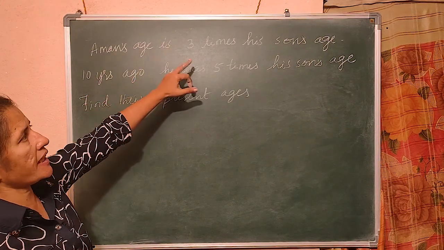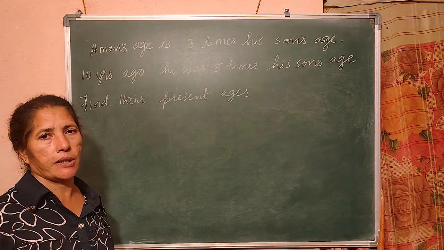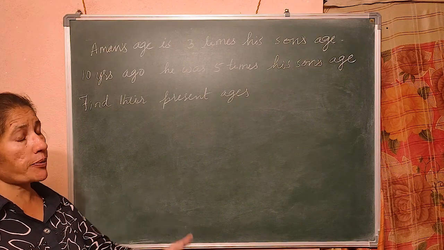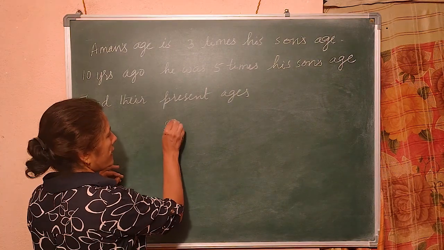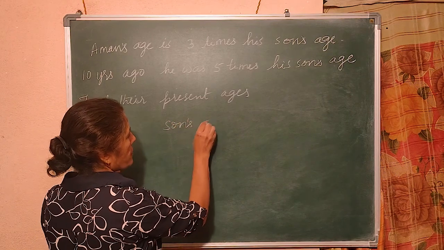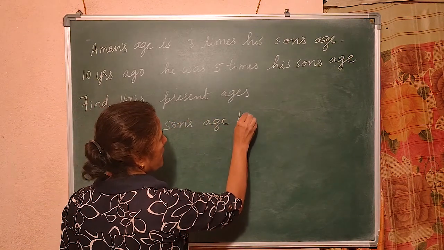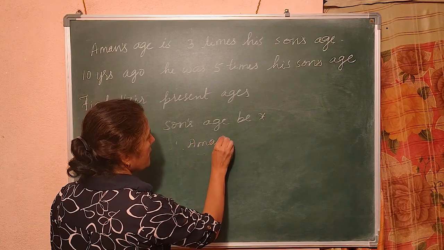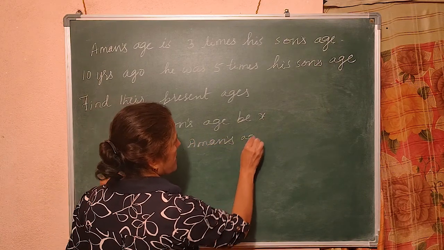Aman's age is 3 times his son's age. So what shall we do? Let us take son's age be x. Therefore, Aman's age is 3x.